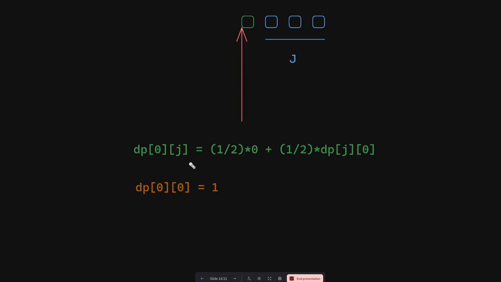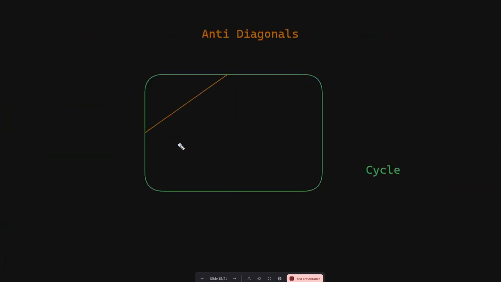But now here is a challenge. You can see that this was 0 comma j, and this was j comma 0. So this is now depending on this. And we have previously seen that this depends on the element on top and the anti-diagonal ones.